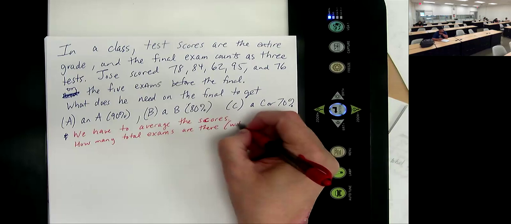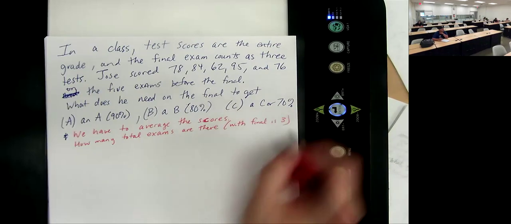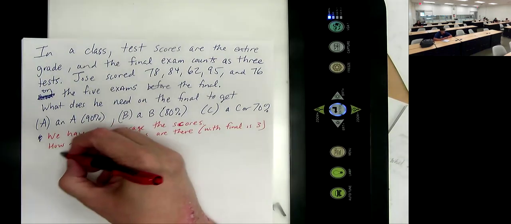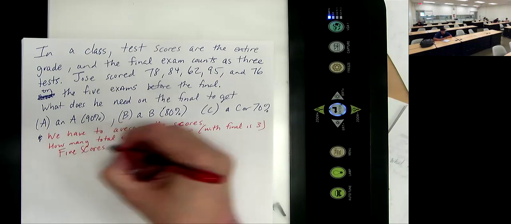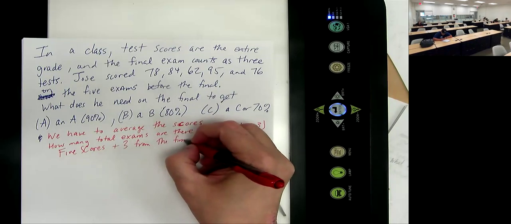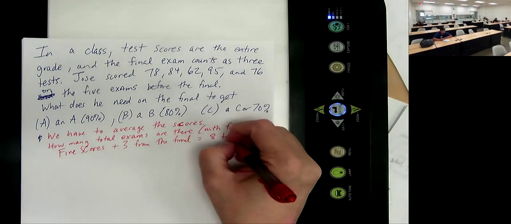And remember, the final is 3. How many scores do we already have? You already took 5 tests. So 5 scores, plus 3 from the final, would give us 8 total scores.